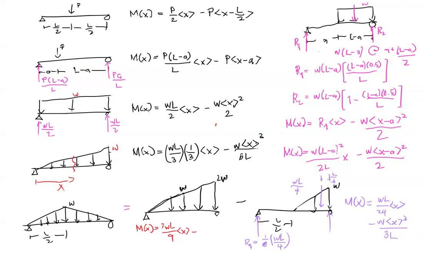May 2 nga, twice pala. Tapos meron kang 2 omega x cubed over 6L. And syempre, pwede pa natin ma-simplify ito. Magiging omega over 3L na lang din siya.